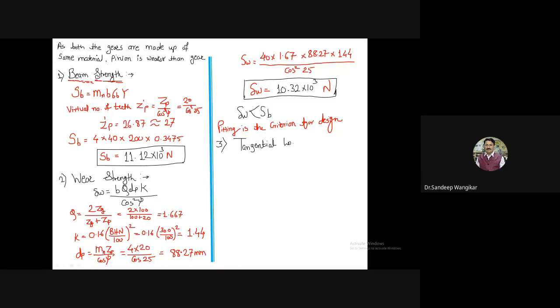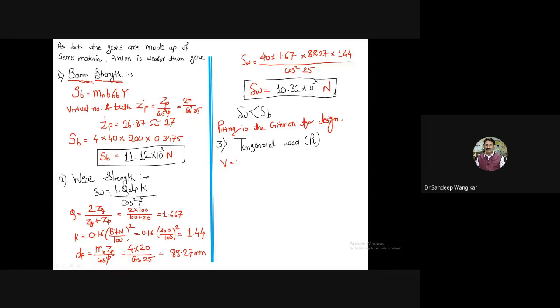We have the formula P effective is equal to CS PT divided by CV. We will calculate CV, but before that, let us start with V, the pitch line velocity.